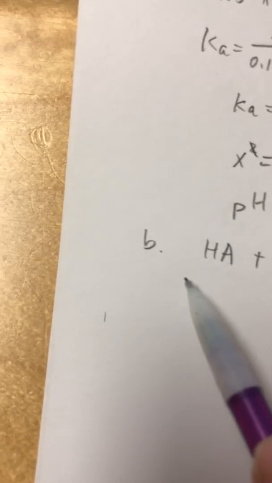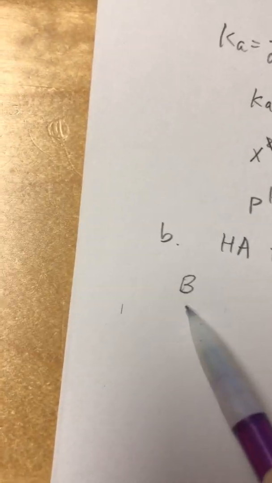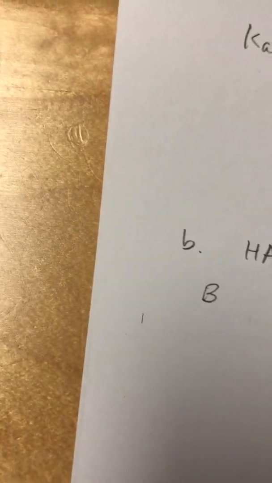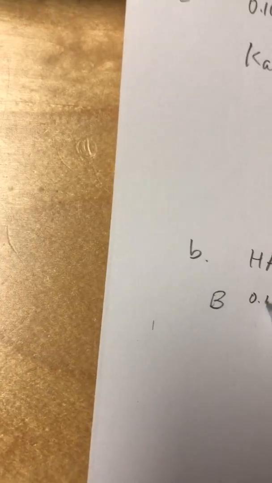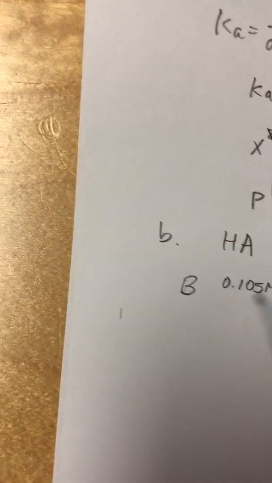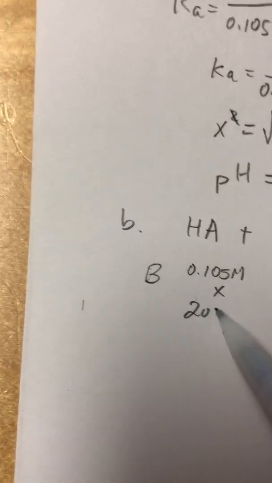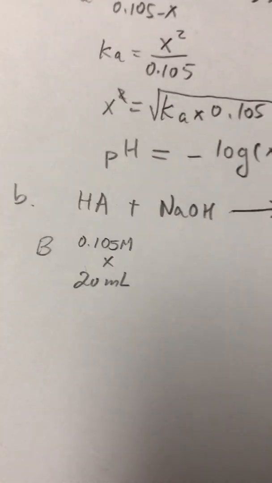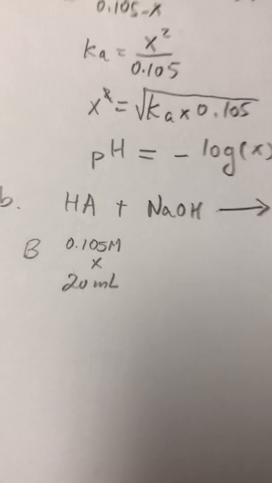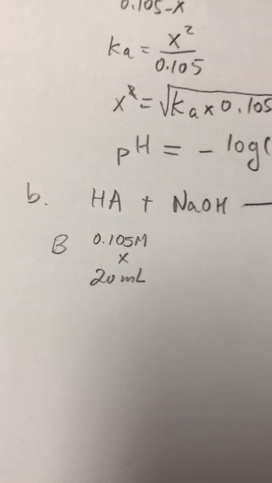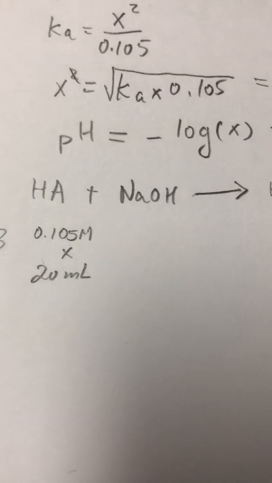So in this case, you can put at the beginning, we have 0.105 molar times 20 milliliters. So this is some amount of substance, volume times concentration, for HA.